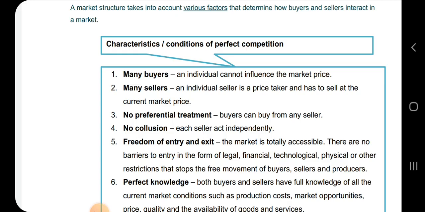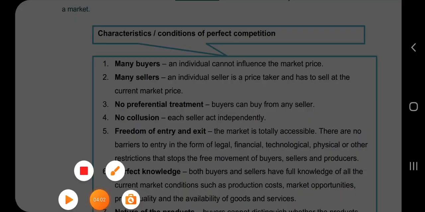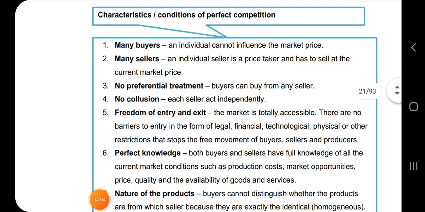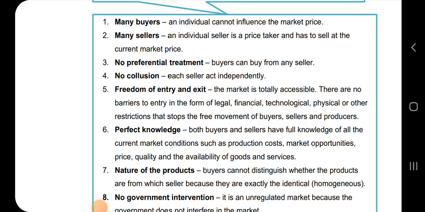A market structure takes into account various factors that determine how buyers and sellers interact in a market. So the first characteristic: many buyers. If there are many buyers in that market, then it's a perfect competition, right? An individual cannot influence the price, right? There are many buyers, just like when we have people farming.